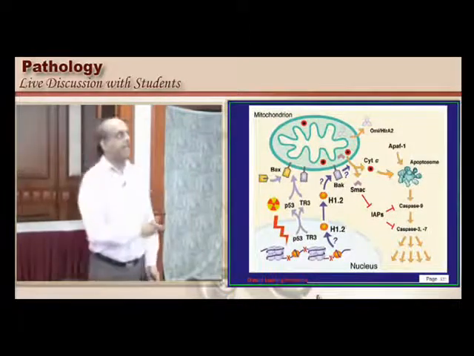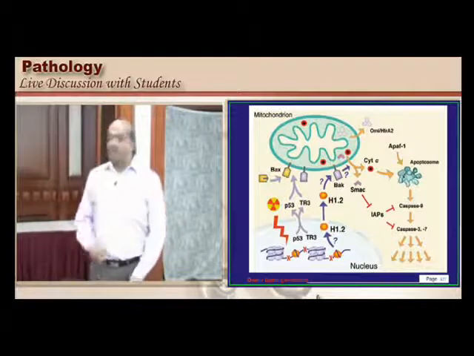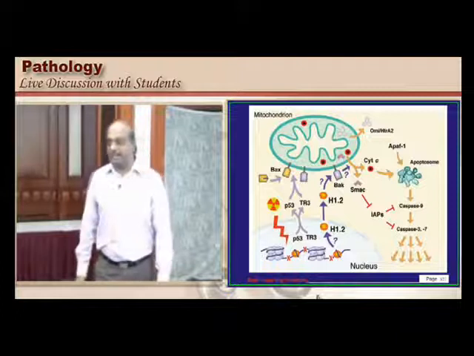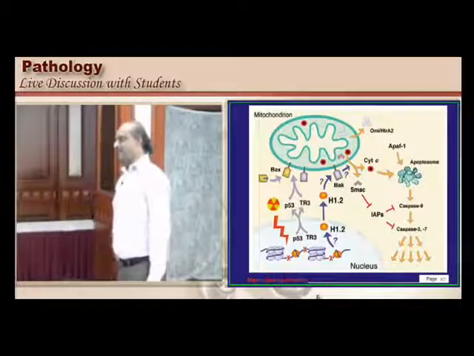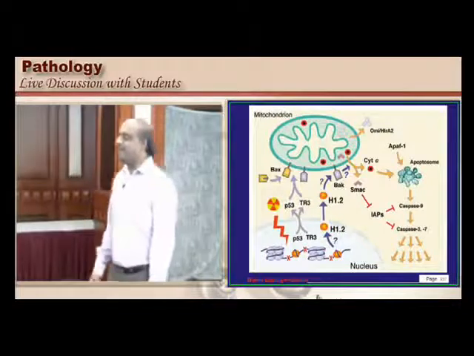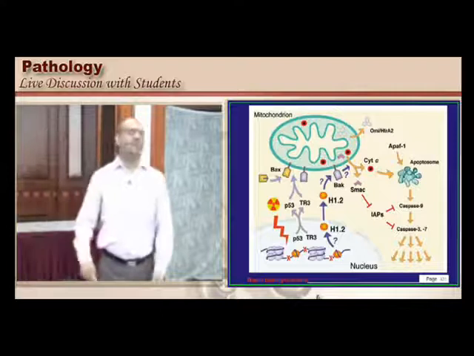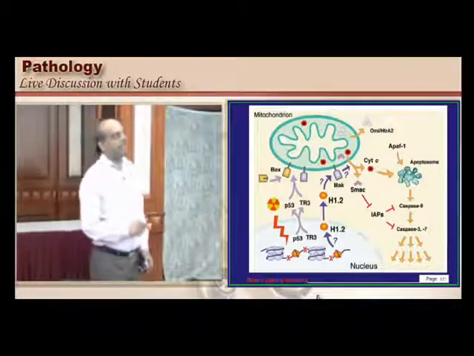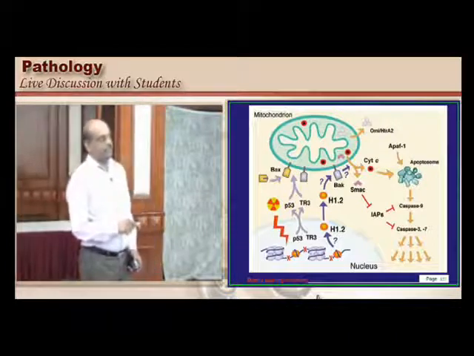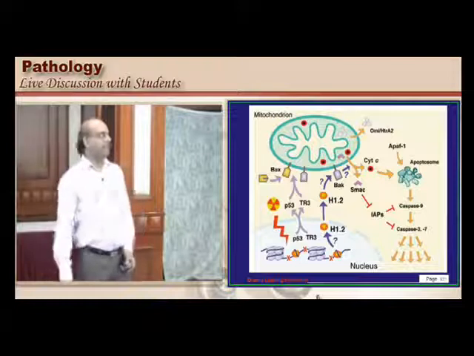He can ask whether SMAC will activate or inactivate IAPs, or whether IAPs will inactivate or activate the caspases. The examiner knows English a little better than us, and we must be sure what is no and what is yes about inactivation and activation. So this is how the mitochondria releases cytochrome C, apoptosome formation, caspase 9 release. This should fit into your mind.